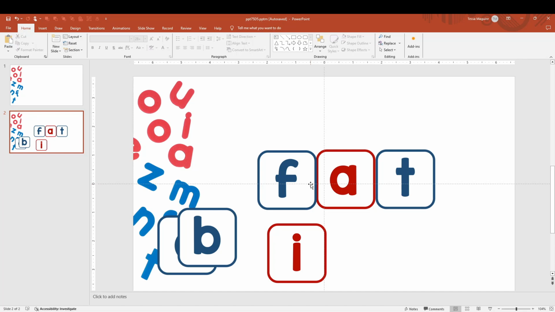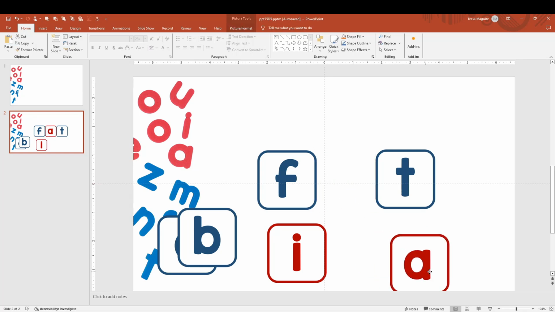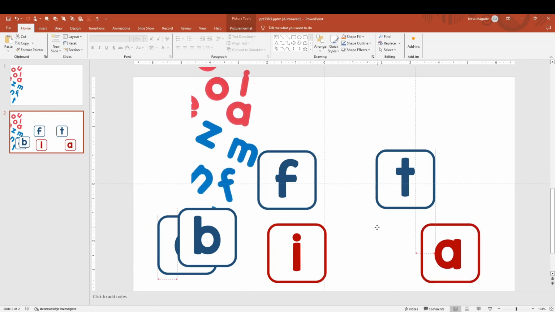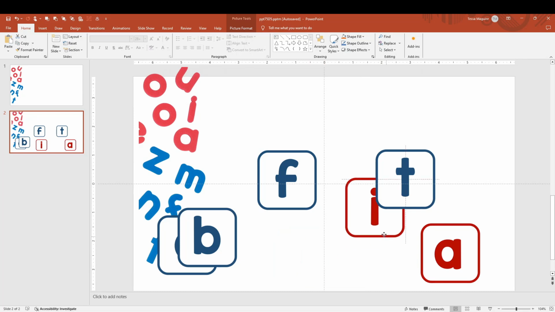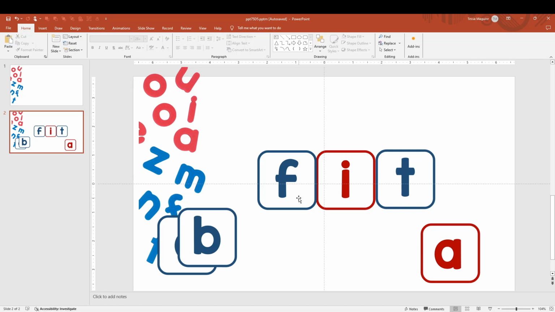Students repeat and segment. Fit. F-it. Fit. So in this word, we have the vowel sound that changes, and then they replace. Fit. F-it. Fit.